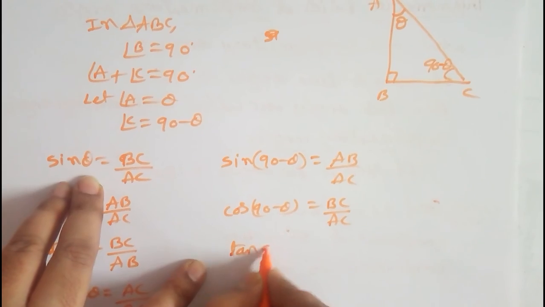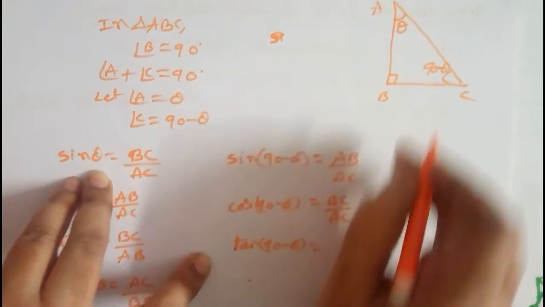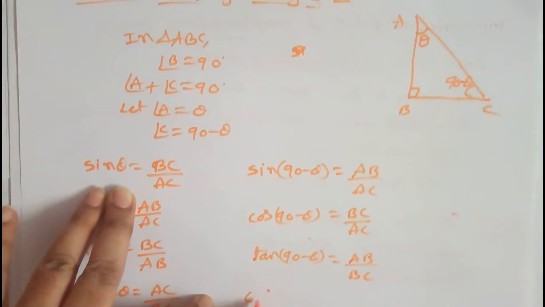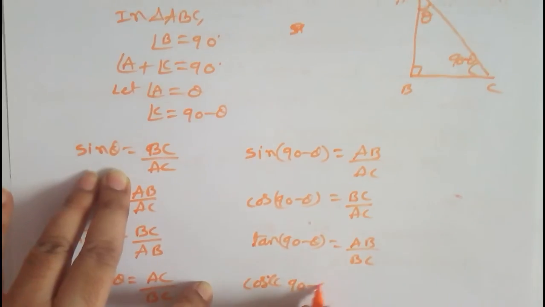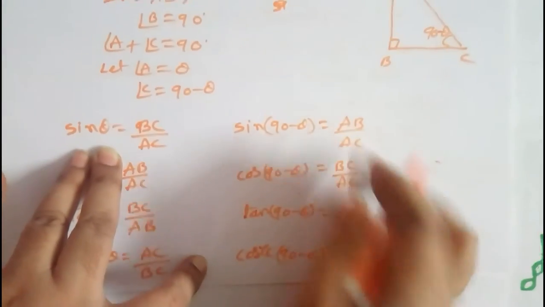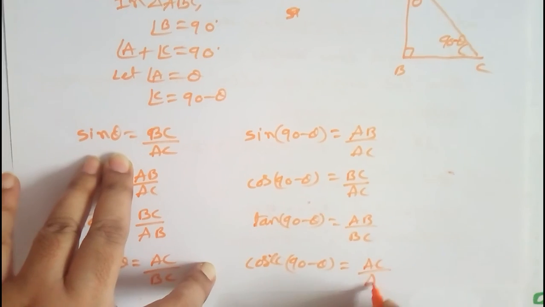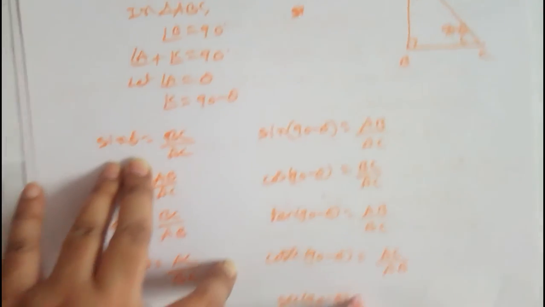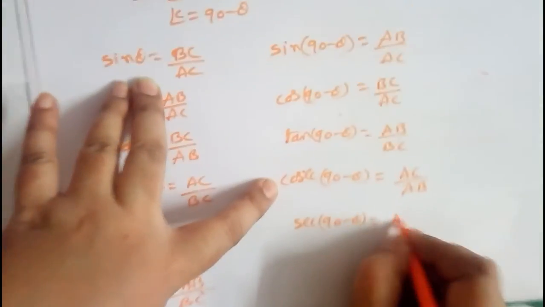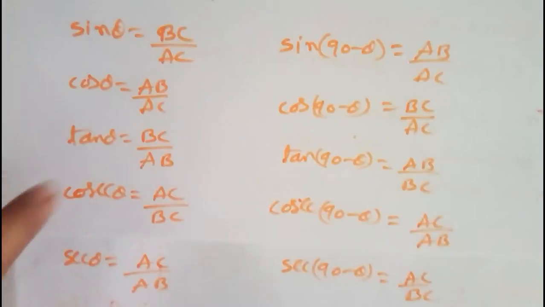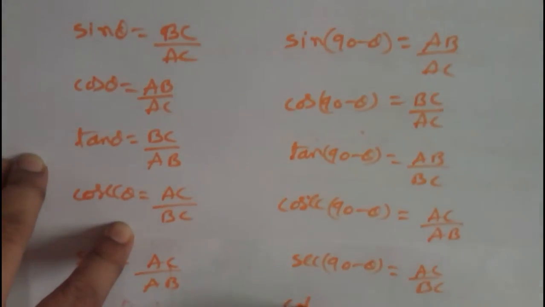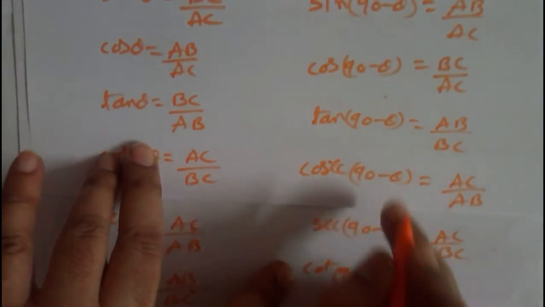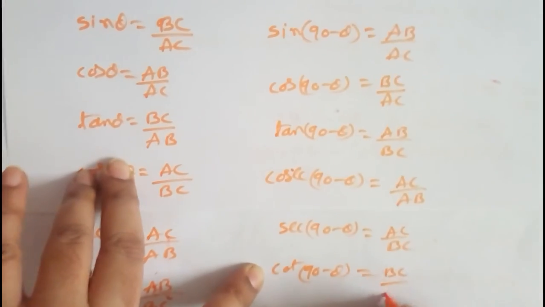Tan of 90 minus theta, opposite by adjacent, AB by BC. Cosecant of 90 minus theta, the reciprocal of sine, is AC by AB. Secant of 90 minus theta, the reciprocal of cos, is AC by BC. Cot of 90 minus theta, the reciprocal of tan, is BC by AB.